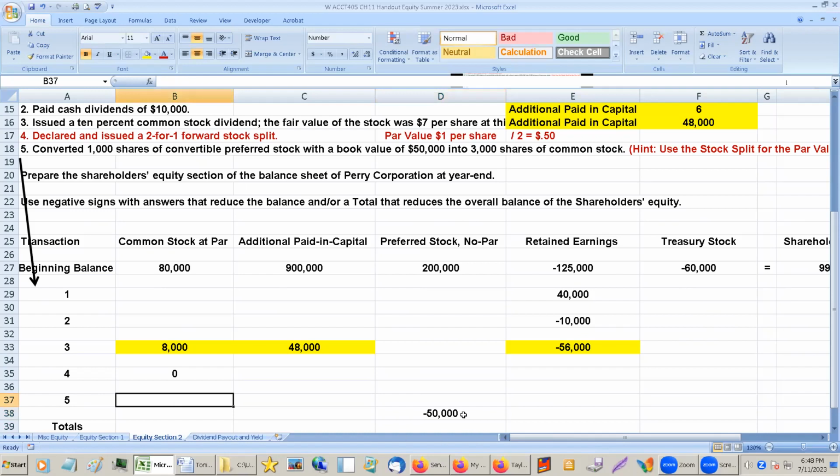Common stock, 3,000 shares of common stock.